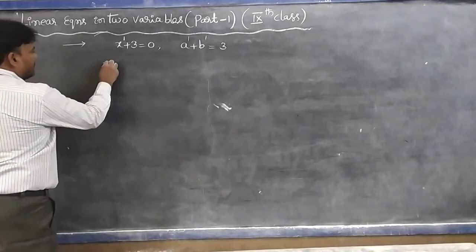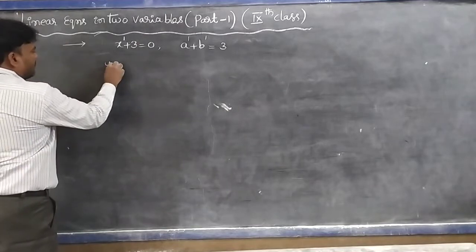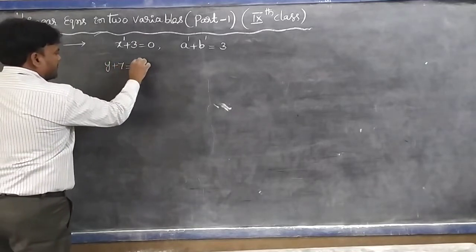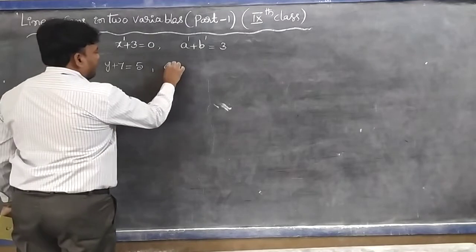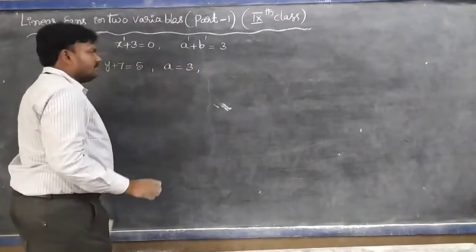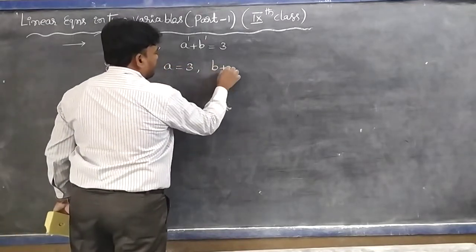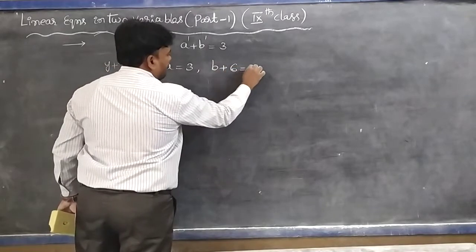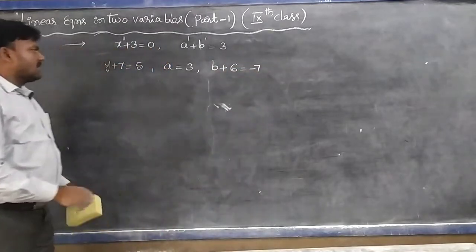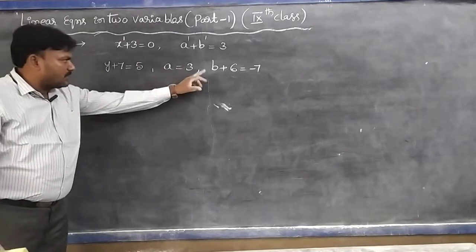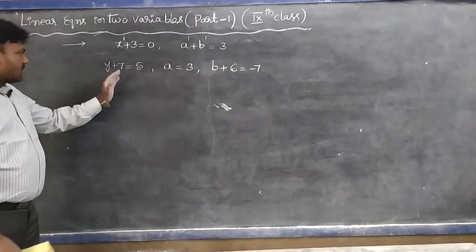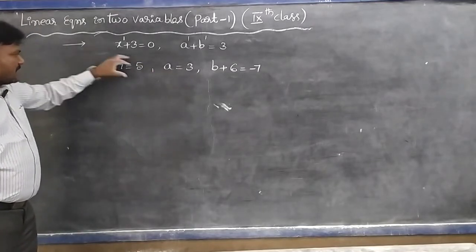Observe examples like that: y plus 7 equal to 0, or y plus 7 equal to 5. Next, a equal to 3. Next, b plus 6 equal to minus 7. Like this, all have only one variable, but not two variables, and also the power is 1.